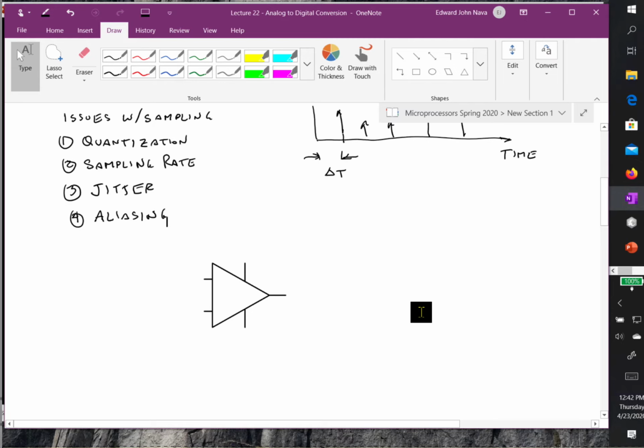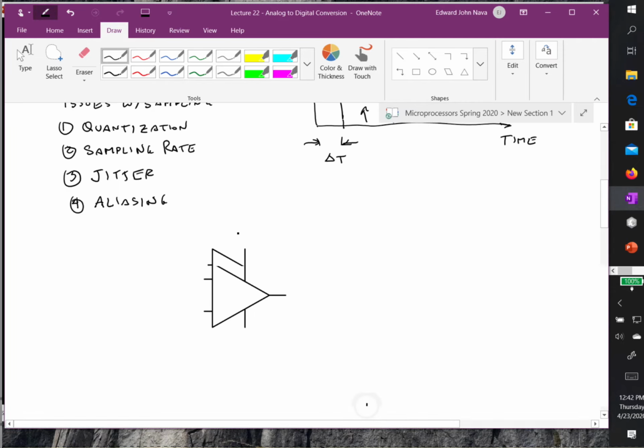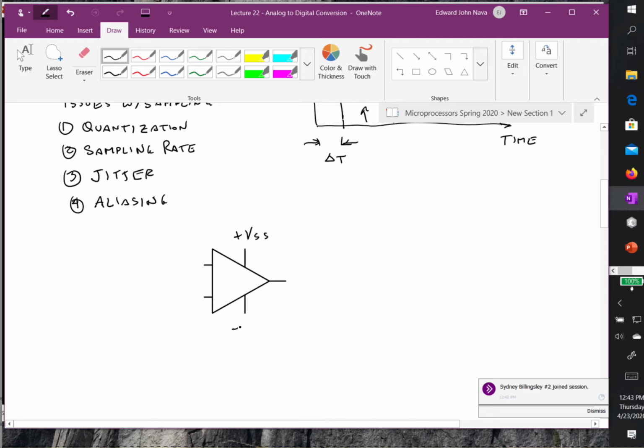Okay, so we're going to use a device in our process of determining a digital estimate for this analog signal, and this is our handy dandy op amp. I'm just going to say here's my plus VSS and here's my minus VSS. This would be plus, minus, and say V in 1, V in 2, and here's V out.